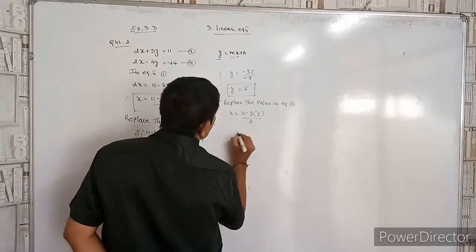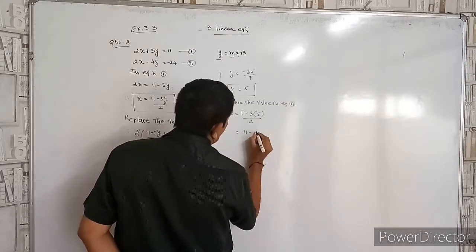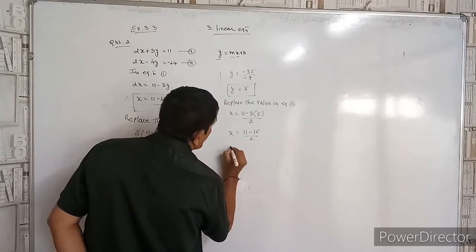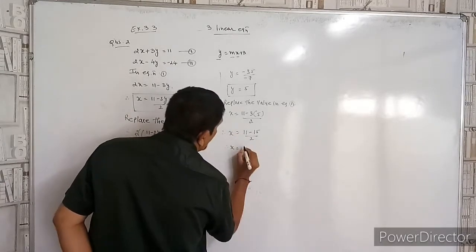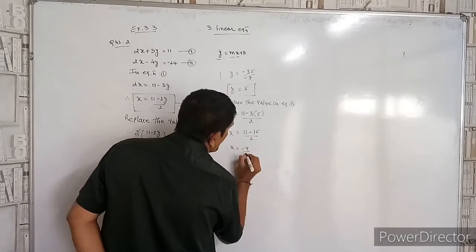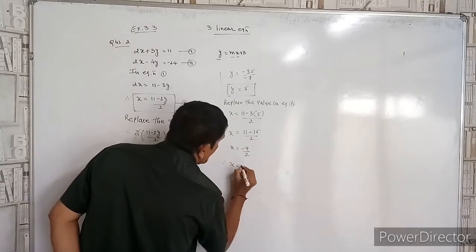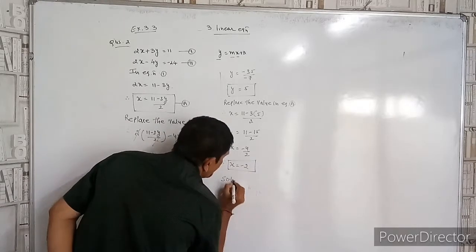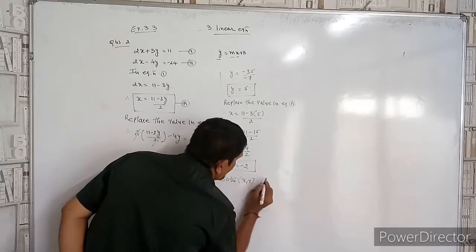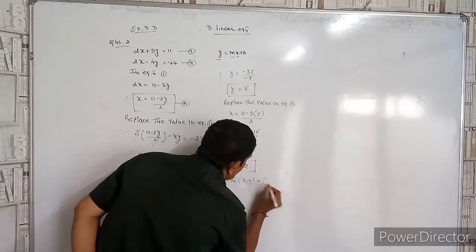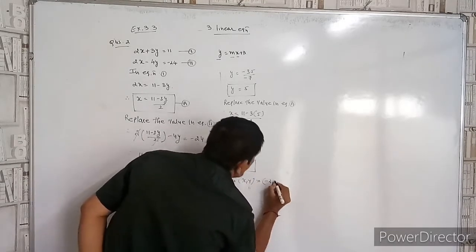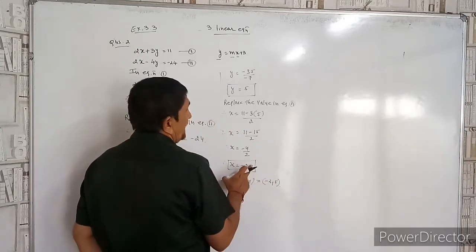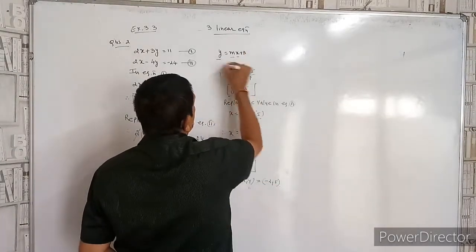So it is 11 minus 5 3s are 15, upon 2. x is equal to minus 4 upon 2. So therefore x is equal to minus 2. So the solution is x is equal to minus 2 and y is equal to 5. Now this is the value of x and y. This we have to put in our equation.